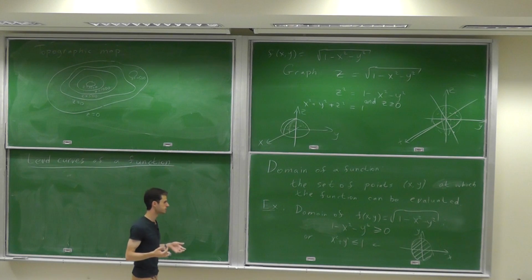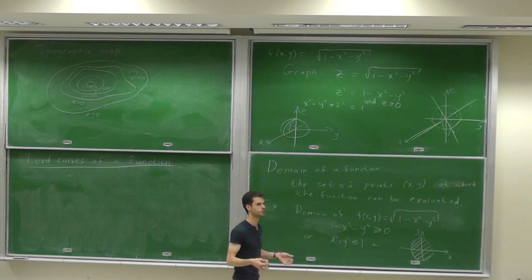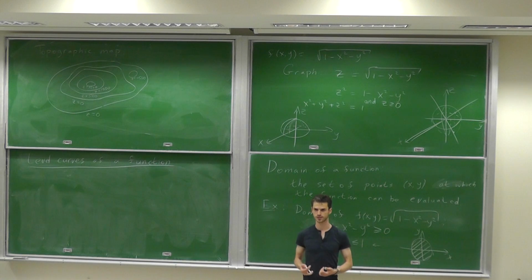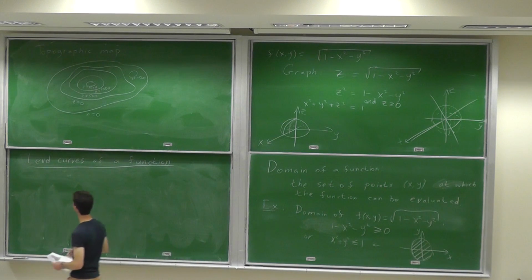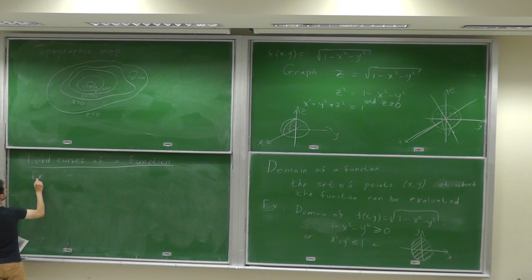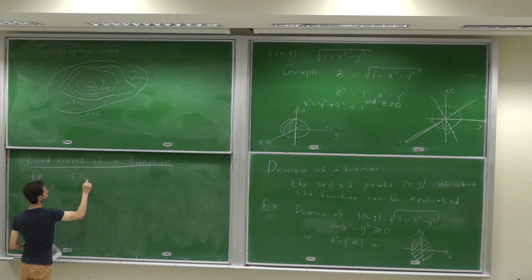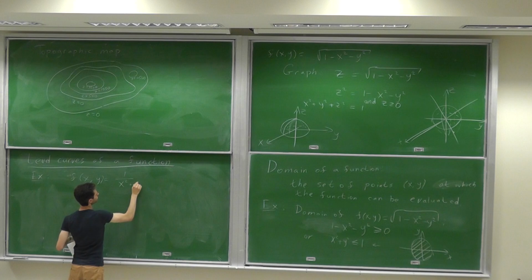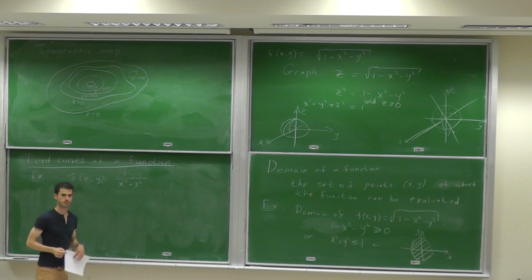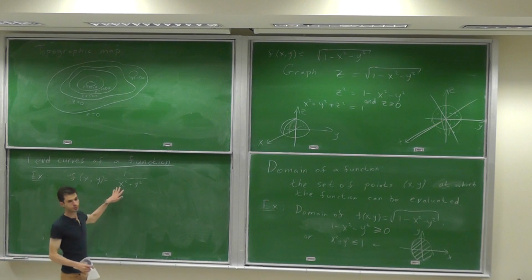And then I'll try to see whether I get the picture of how my function actually behaves. So let's do some example. Here's a function f of x, y is 1 over x squared plus y squared. Let's try to see what the level curves are.